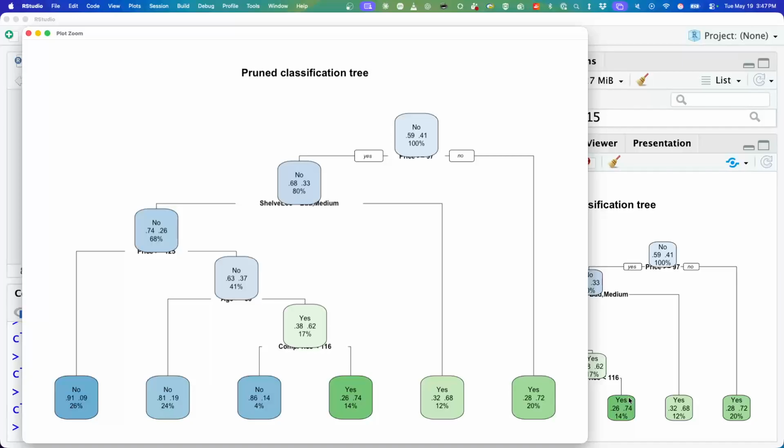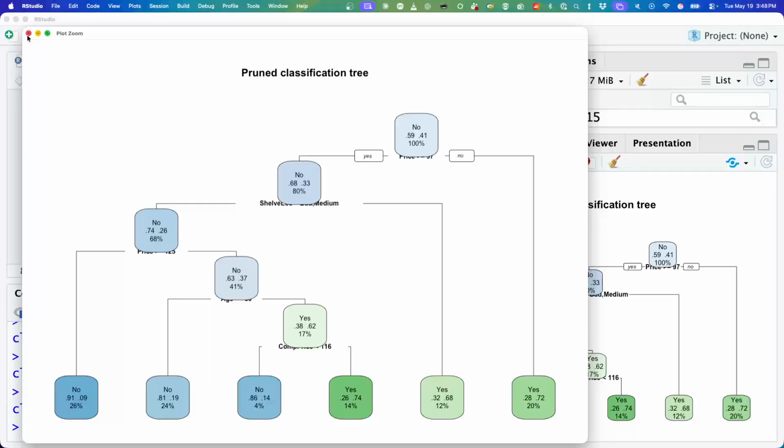So in this particular example, we've pruned away a number of our terminal nodes to help reduce overfitting, based off of the cross-validation procedure to select the best CP value.